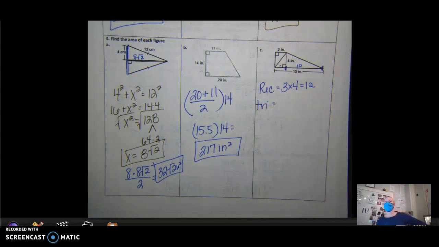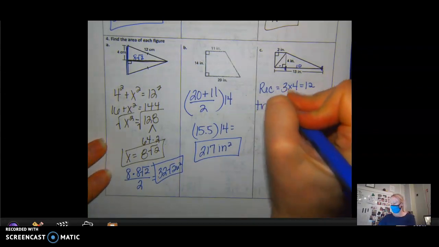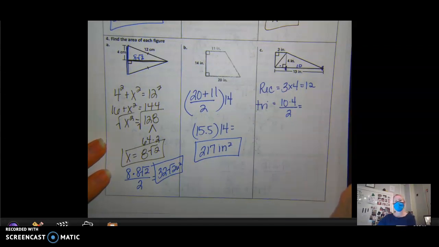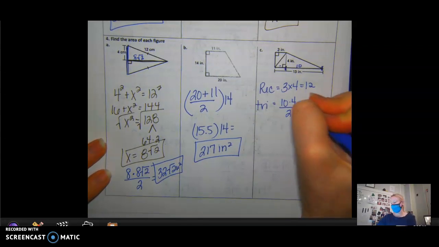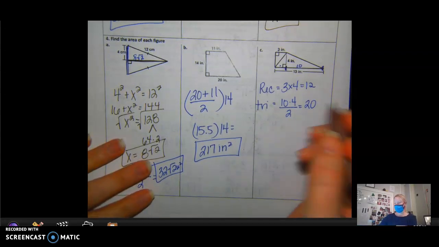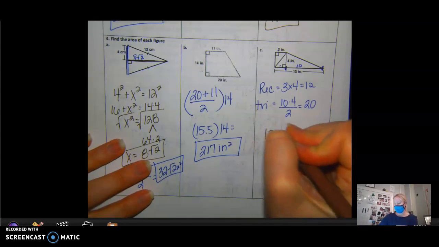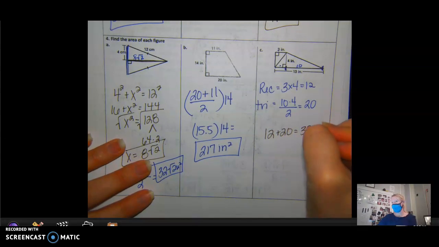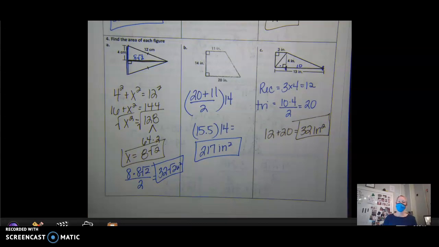What's your base and your height of that triangle? 10 and 4. So 10 times 4 divided by 2. How much is that? 20. Now what do I need to do? Yep, add them. So I get 32. What are my units on this guy? Squared, right? Because we're talking about area. Beautiful. Good job, guys. Okay.